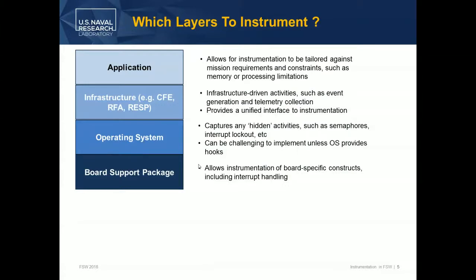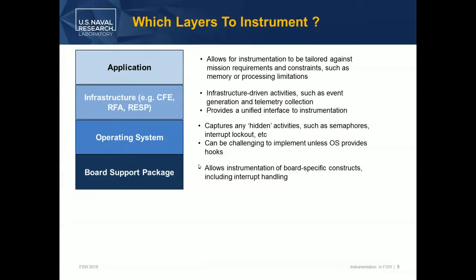This is a simplified layer cake diagram to show you some of those things. At the top level, you can tailor your instrumentation based on what your needs are. Here's where we talked about the infrastructure, where you have a cFE. Our two infrastructures are called RFA or RESP.